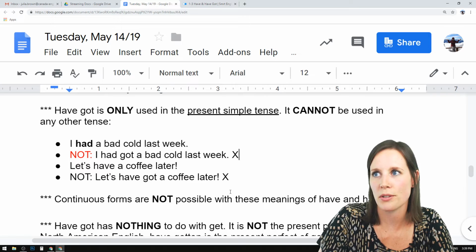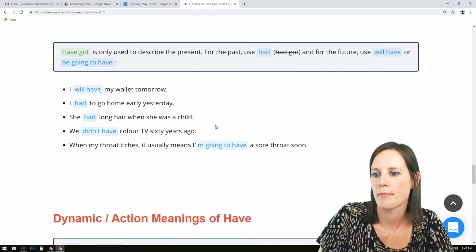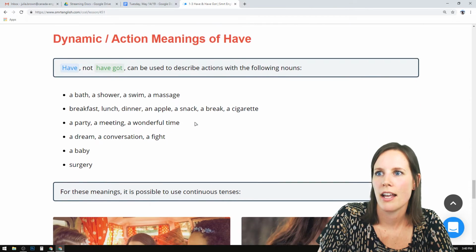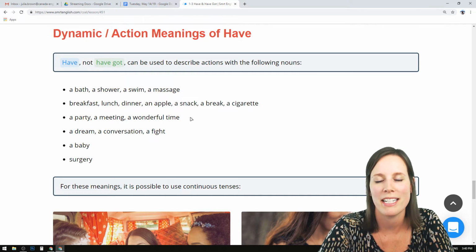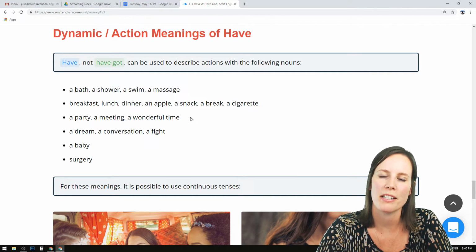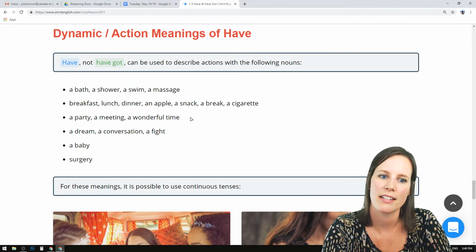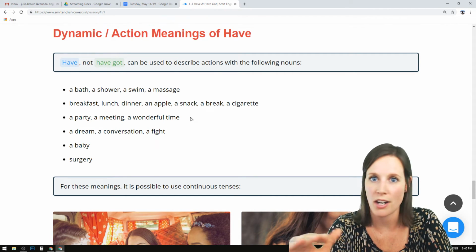So let's go back to the slides. And we'll take a look at our dynamic action meanings of have, okay? Because have as a main verb is called a mixed verb, okay? So in some contexts, have is stative, like what we've been talking about, not an action.